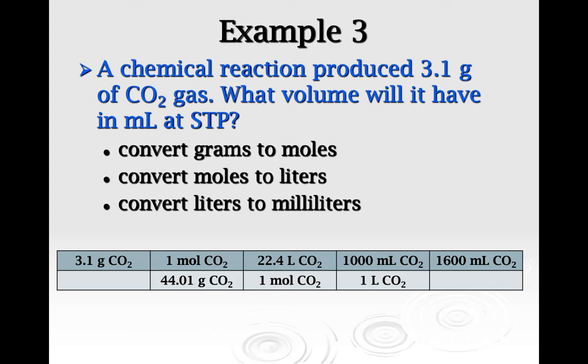STP lets me know that I can use the number 22.4. So the first thing I have to do is use the periodic table to change it to moles. And then I can use my molar volume, 22.4, to change it to liters, and then I can convert from liters to milliliters. So 3.1 grams of CO2, molar mass of CO2 is 44.01 from the periodic table.